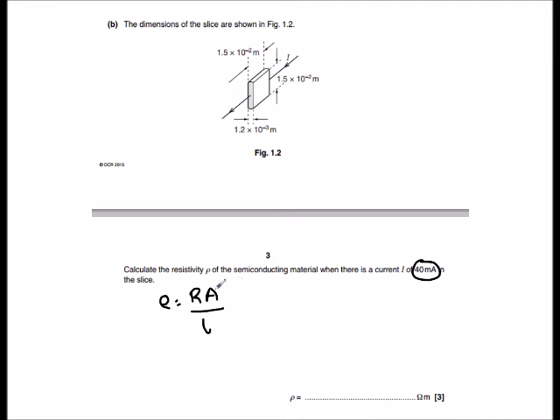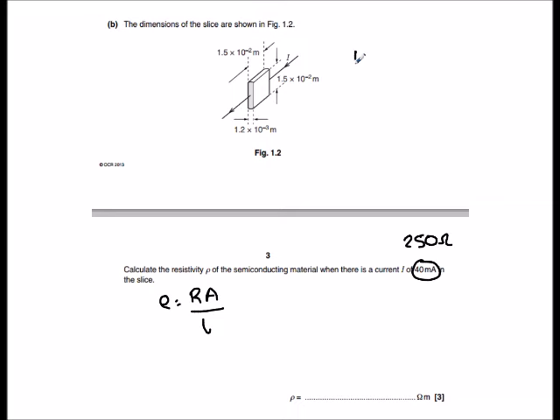So let's have a look where we get all these values from. Resistance, you might not think they've given it to you, but they have, because they've said when there's a current of 40 milliamps. Well, you've already worked out the resistance in the last question. That was 250 ohms. Therefore, we know the resistance is 250 ohms.